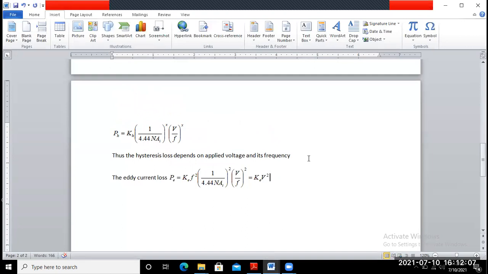So we can say that the eddy current loss is proportional to the square of the voltage. It only depends on the square of the voltage.